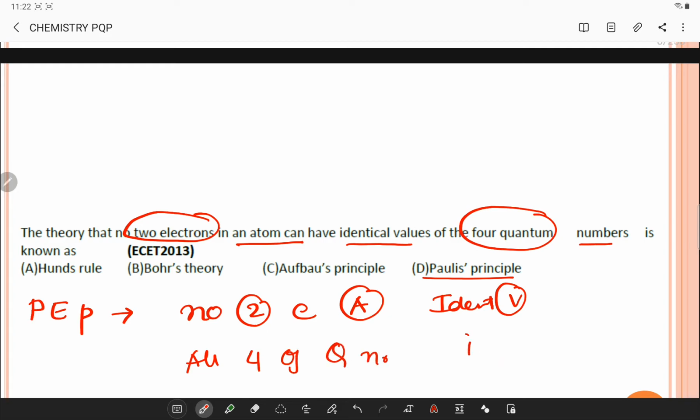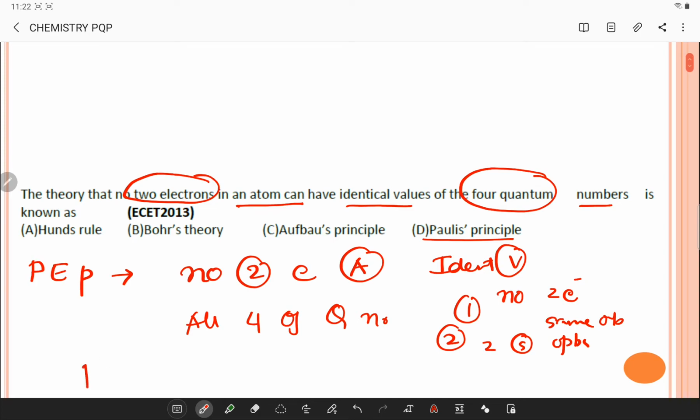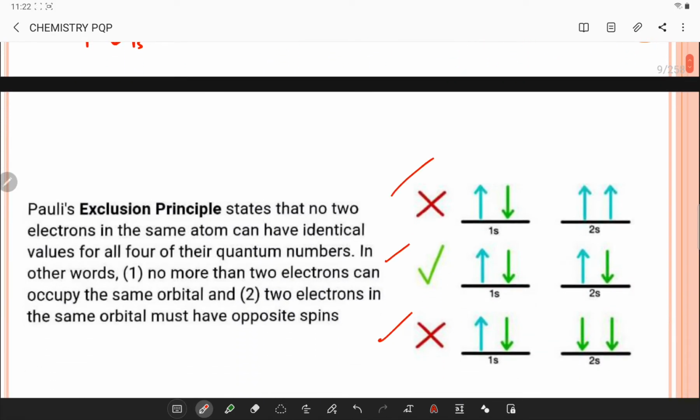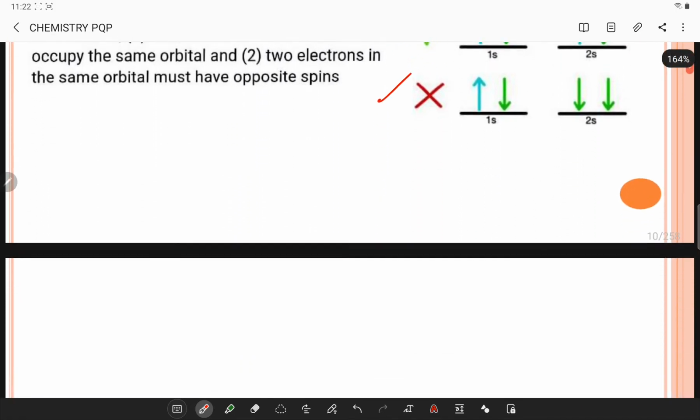In other words, no more than 2 electrons can occupy the same orbital, or 2 electrons in the same orbital must have opposite spins. The example is in case of 1s or in 2s. For better understanding, you can refer to this diagram.